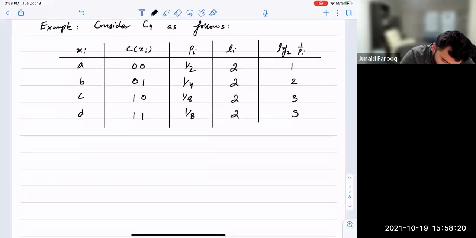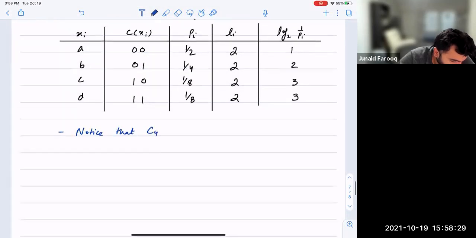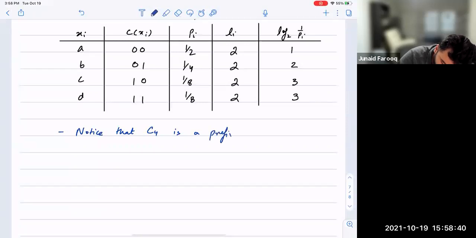Now, notice that C4 is a prefix code. And the reason why it's prefix is because, again, you can check out the tree. Remember, we have 0, 1, 0, 1.